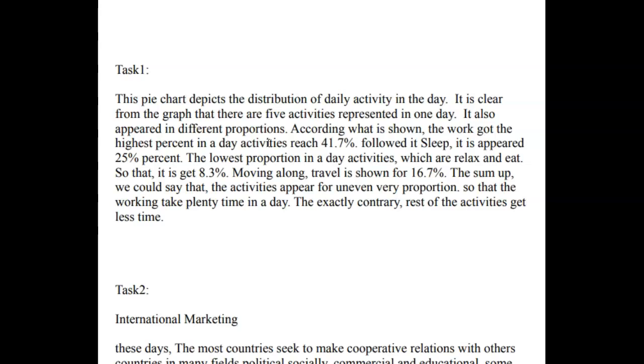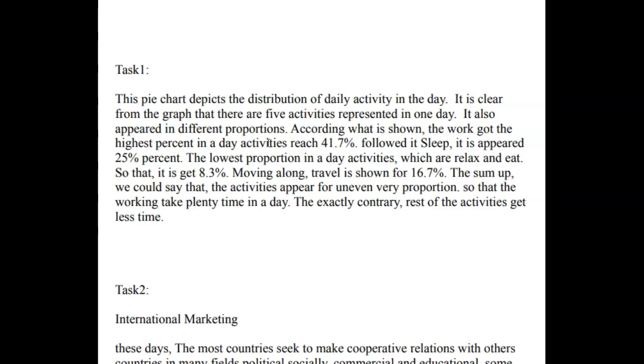The pie chart depicts the distribution of daily activity in the day. It is clear from the graph that there are 5 activities represented in one day. It also appeared in different proportions. According what is shown, the work got the highest percentage in a day. Activities reach 41.7%. Followed it sleep. It is appeared 25%.